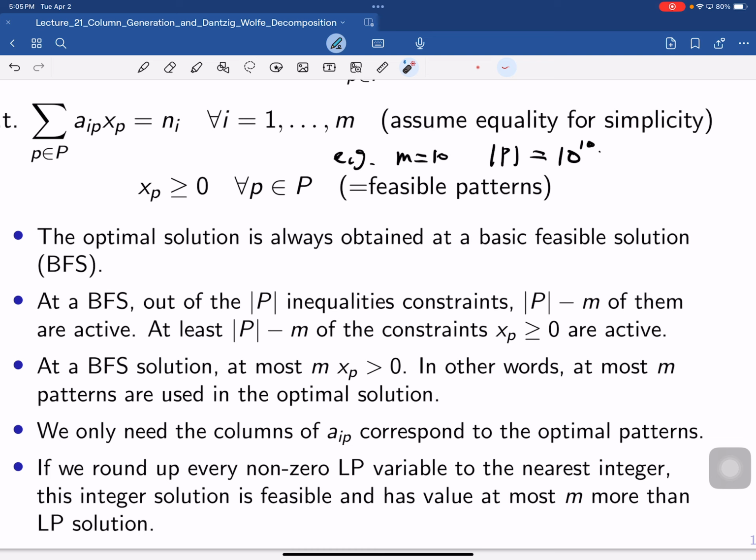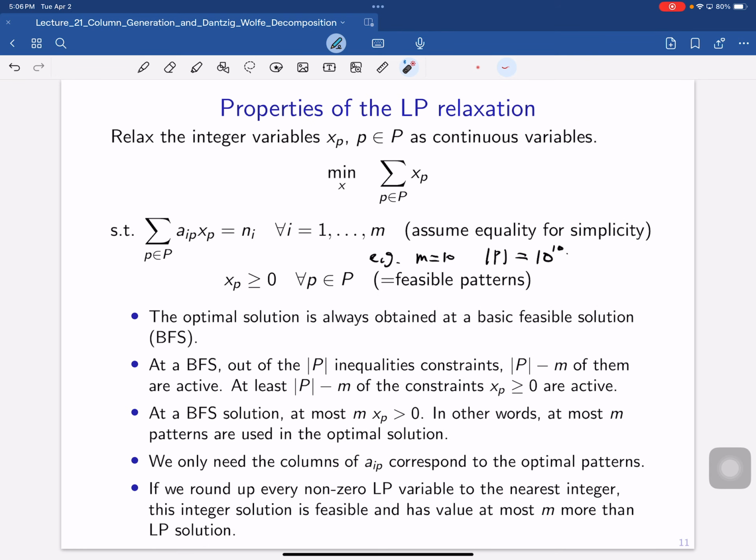That can be, for example, 10. You have 10 different orders of width, but the number of patterns can be large. So that kind of gives you some intuition why this linear programming problem has a good LP relaxation.